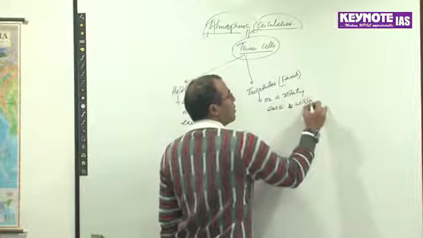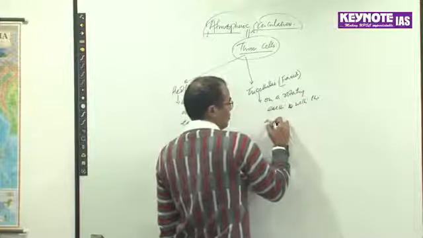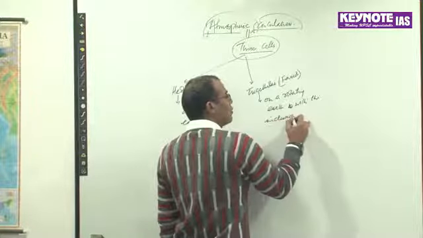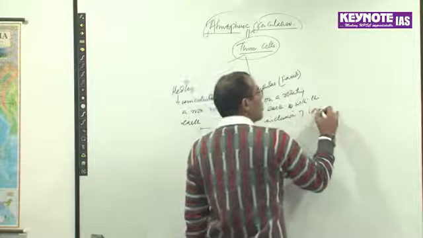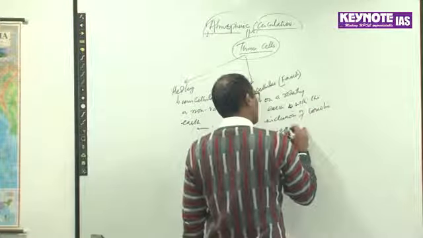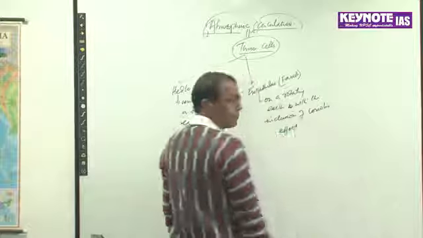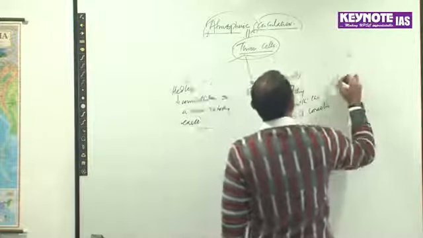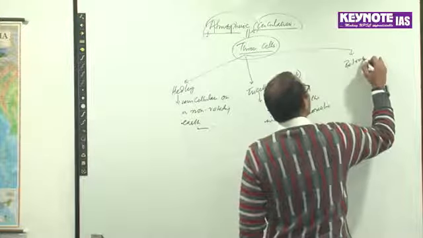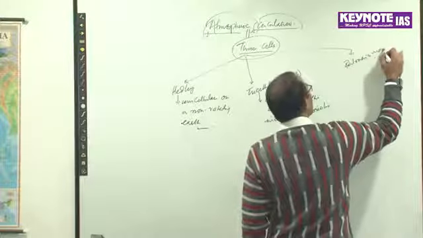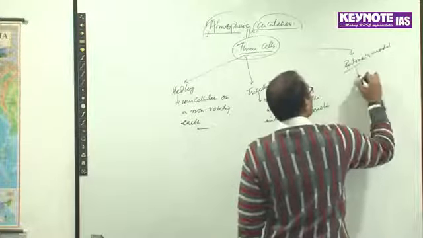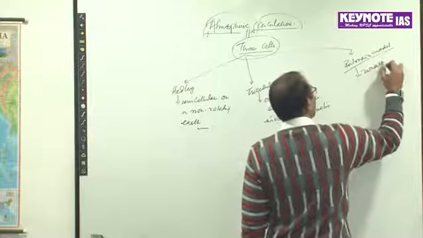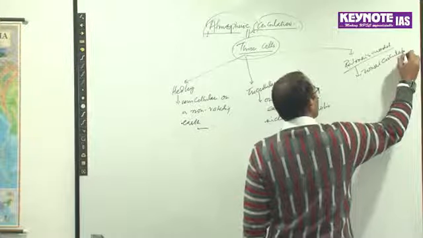with the inclusion of Coriolis effect, right? Then we have Palmen's model. Again he talks about zonal circulation.